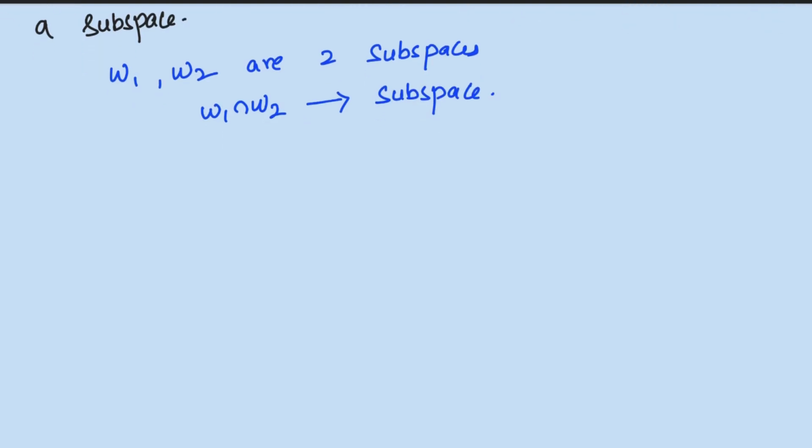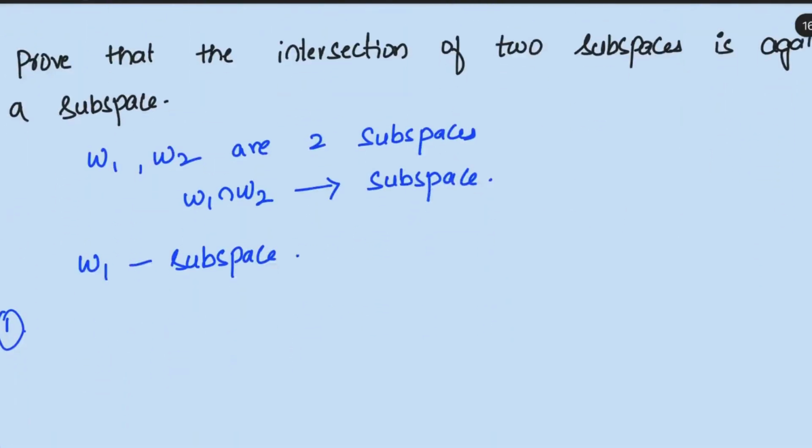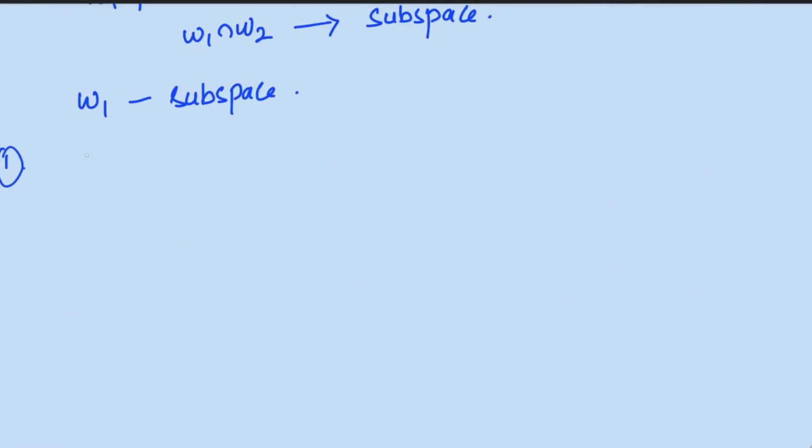For this, we clearly know that W1 is a subspace. Let us look into the first property. If W1 is a subspace, we have the 0 vector in it, by the first property.